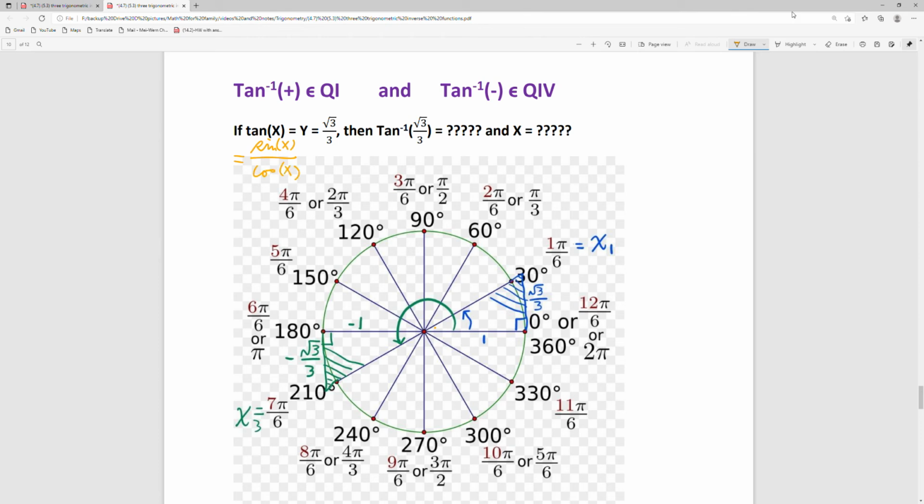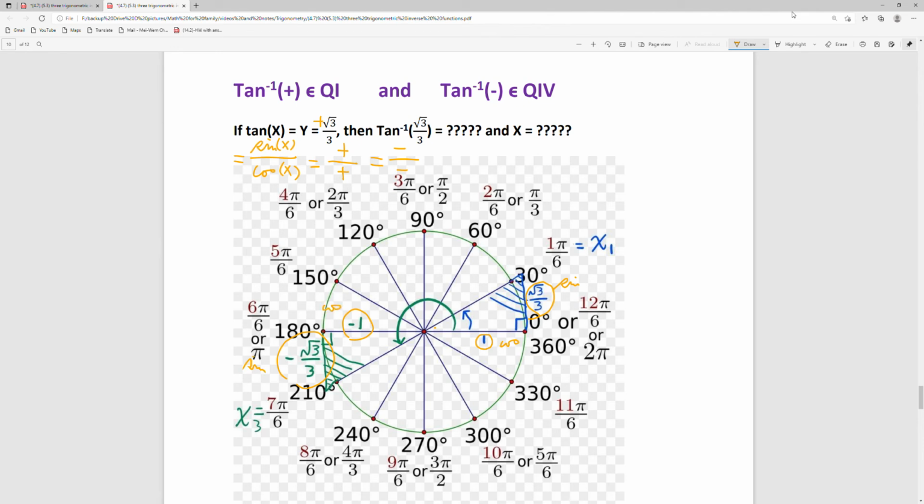Therefore, if the tangent value is positive, then it is either positive over positive or negative over negative. So positive over positive, this is sine, cosine, and negative over negative, this is sine, this is cosine.